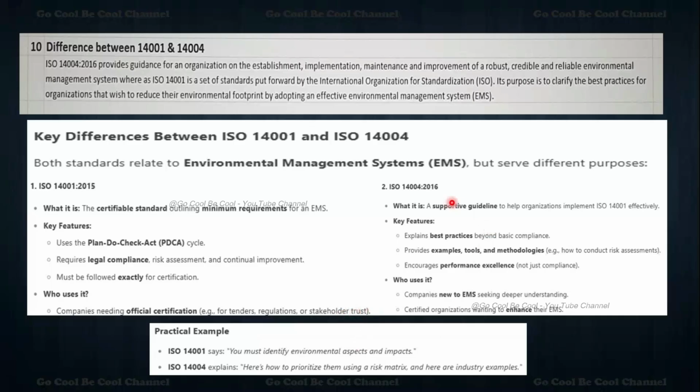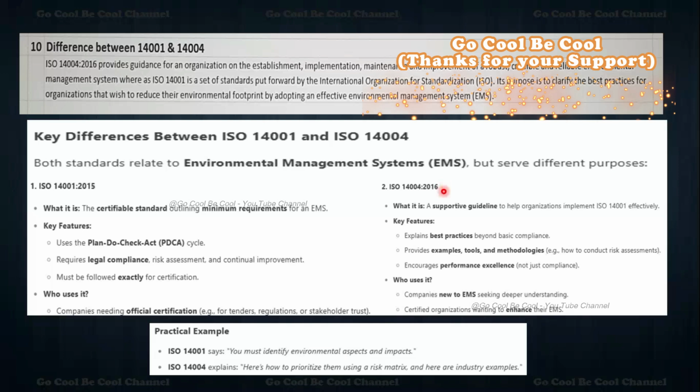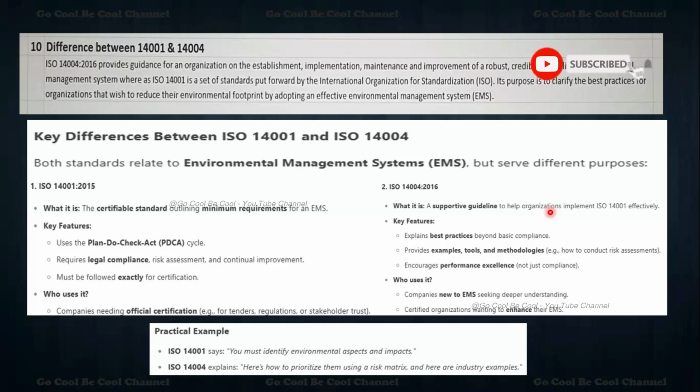So here 2016, what it talks about as far as 14004 is concerned, it is supportive guidelines to help organizations implement ISO 14001 effectively, because in some areas they keep consultancy, in some areas they keep a lot of digitalized software which will control the entire factory. As far as 14001 2015, they have a lot of implications in this. Put a beautiful front dashboard and everything to catch all those kinds of information.